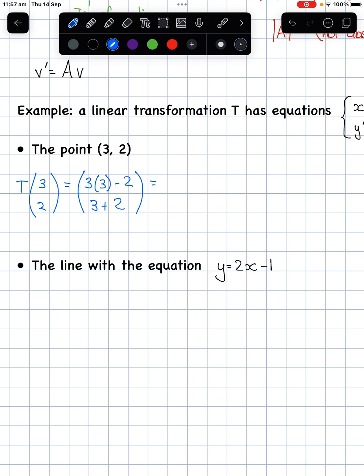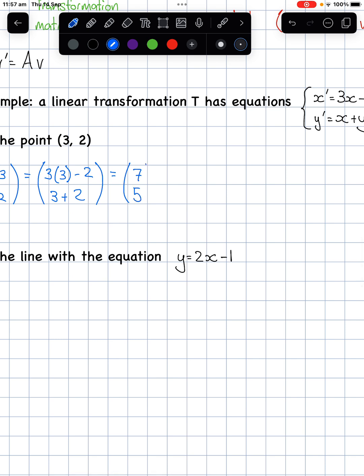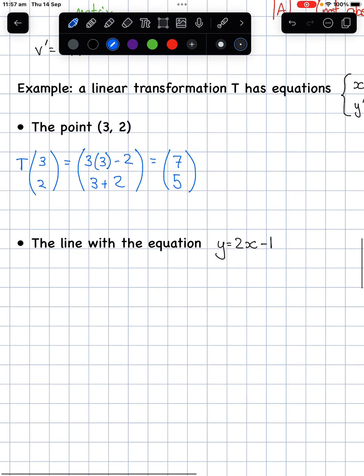And this would give us 3 times 3 is 9, take 2, gives us 7, and we would be looking at x plus y is 5, so 3 plus 2 gives us 5. So this would be like our point here. 3 and 2 goes through this linear transformation, and it comes out a 7 and a 5.